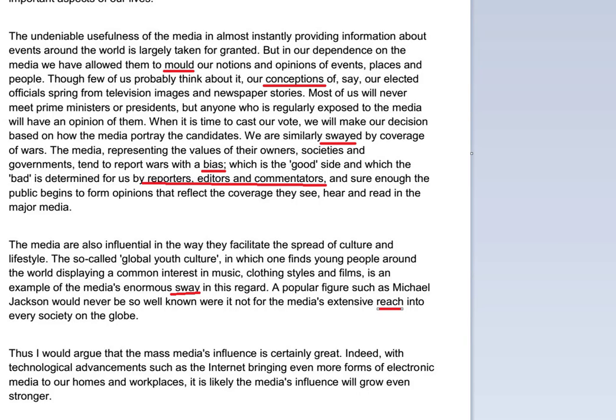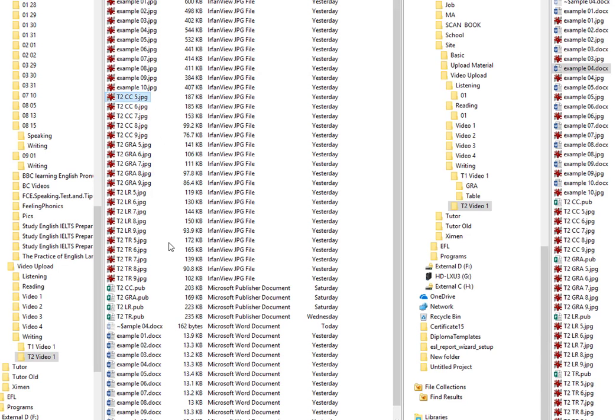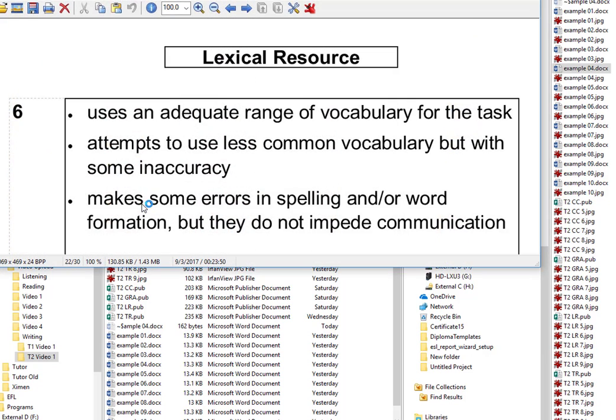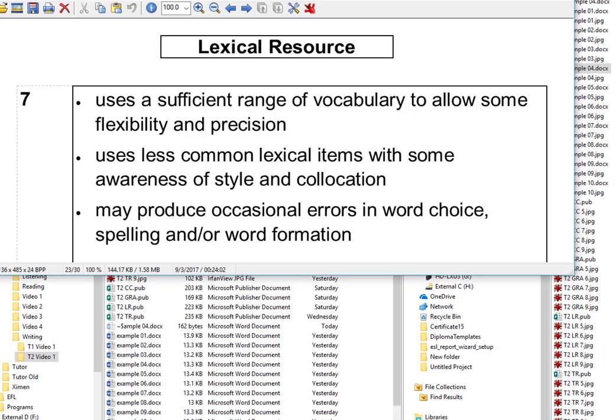Okay, so as far as lexical resource goes, we can't say that there are errors in word formation. We can't say that there are too many inaccuracies. This is an adequate range of vocabulary. Well, that's certainly true. Let's see if I can get a 7.